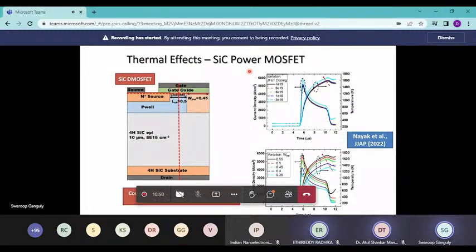And this one was looking at a short circuit situation where you can see how the temperature can shoot up. And if it does this, then the whole thing will burn down. So in order to simulate this, we're trying to design a more robust device. And the simulation is only meaningful if you do both electrical and thermal together, obviously.